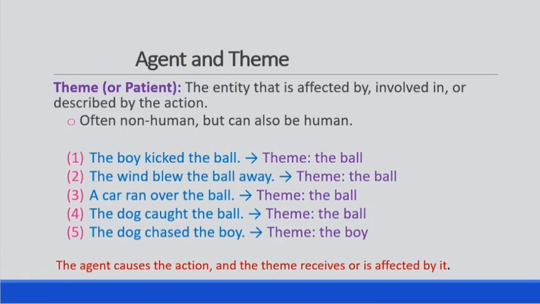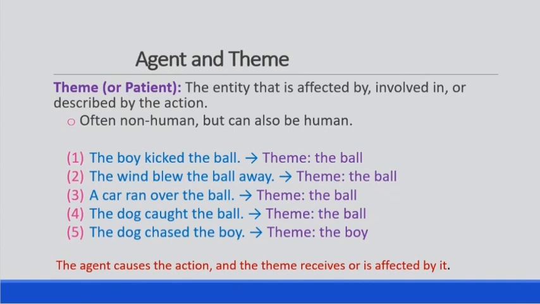So the ball is called the theme, meaning something that is affected by, involved in, or described by the action. So the ball received the action from the boy. The boy is the doer, called the agent, and the ball is the receiver, called the theme.